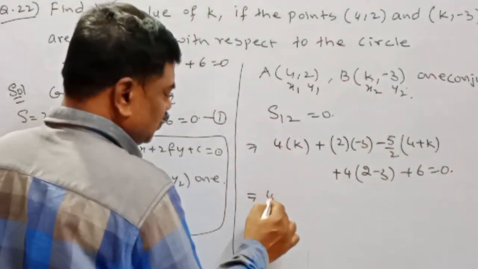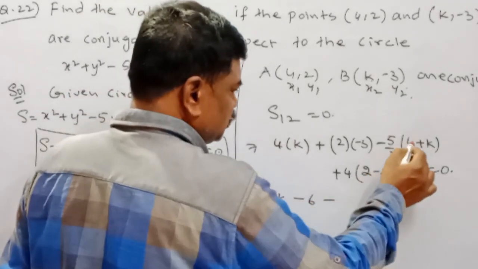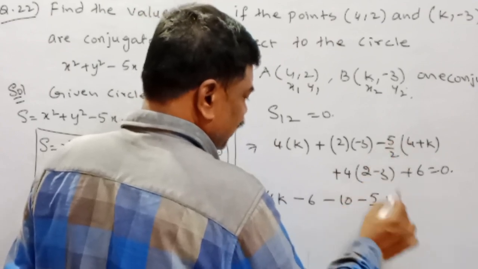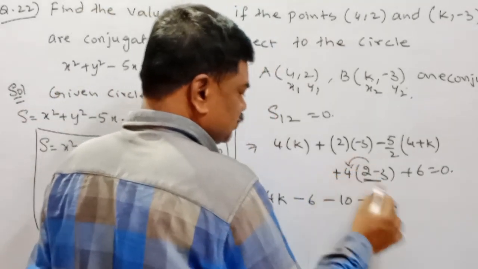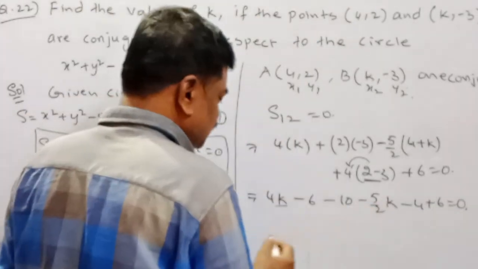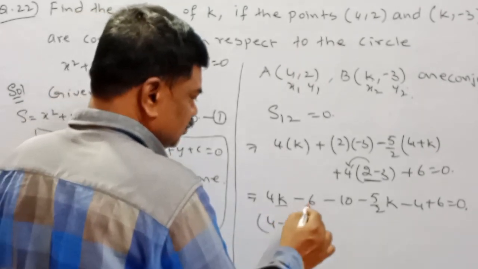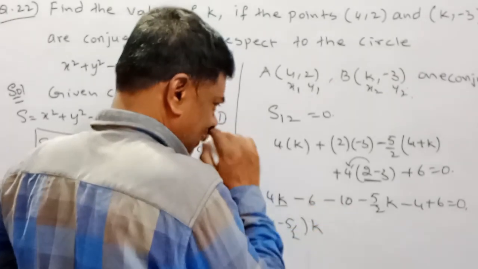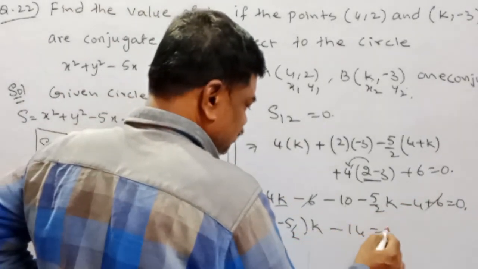This is 4k minus 6 minus 5 by 2k, minus 1, minus 4, plus 6 equal to 0. So 4k minus 5 by 2 of k, minus 6 minus 10 plus 6, the 6s cancel, minus 14 equal to 0.